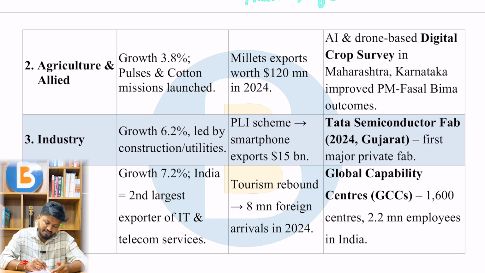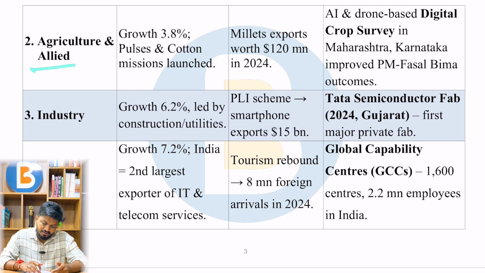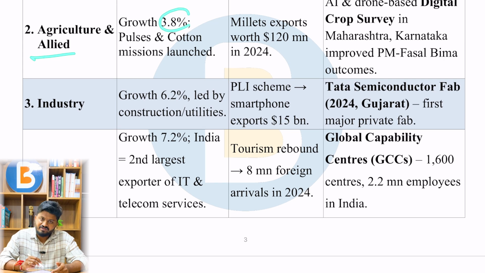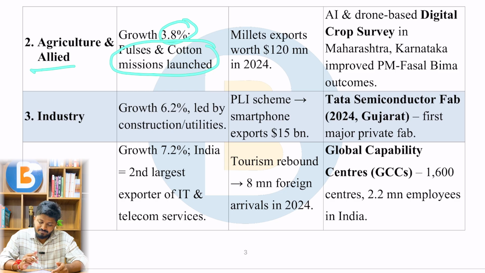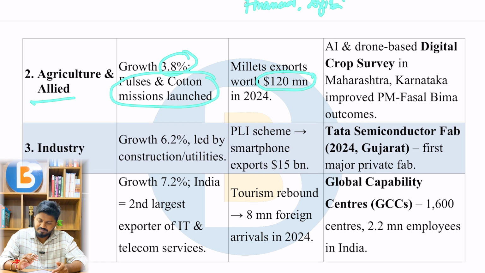Next, with respect to agriculture and allied sector, growth at the rate of 3.8%, pulses and cotton missions launched recently, and key data is millets exports worth 120 million in 2024. This millet export, I have specifically chosen because millets are in the news all the time.